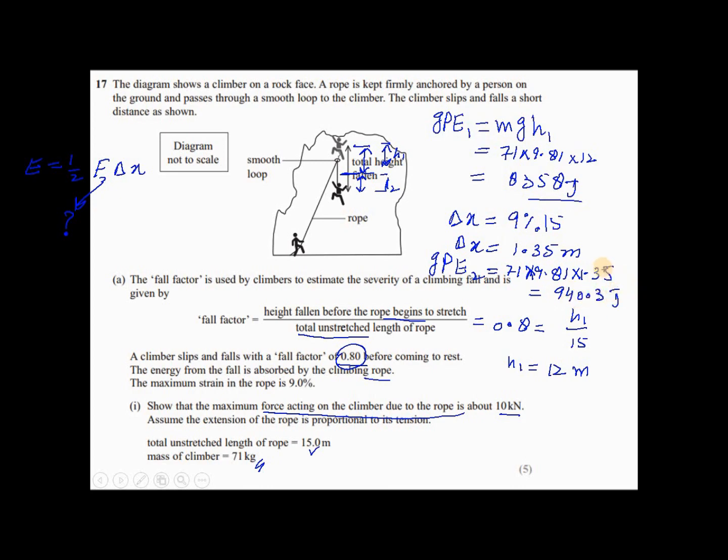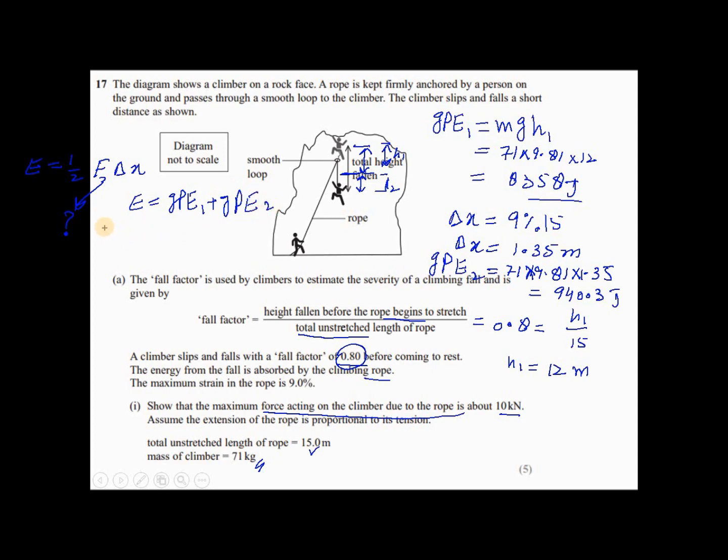So the total gravitational potential energy loss when the person is falling is GPE1 plus GPE2, and this total GPE loss is equal to the energy gained by the rope. So I can say that the energy gained by the rope E is equal to GPE1 plus GPE2.